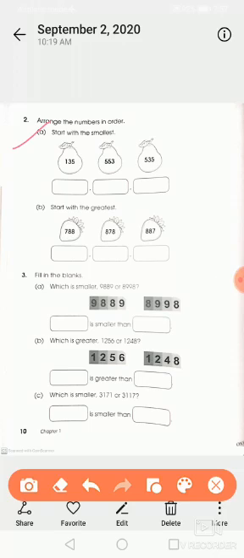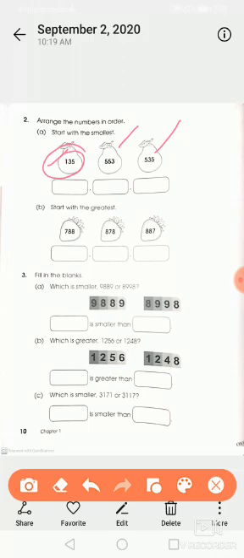There are three numbers: 135, 553, 535. You are finding which one is the smallest number. We should first compare the hundreds digits. Here there is 500 and also 500. The smallest one is 100. So 135 will come first.